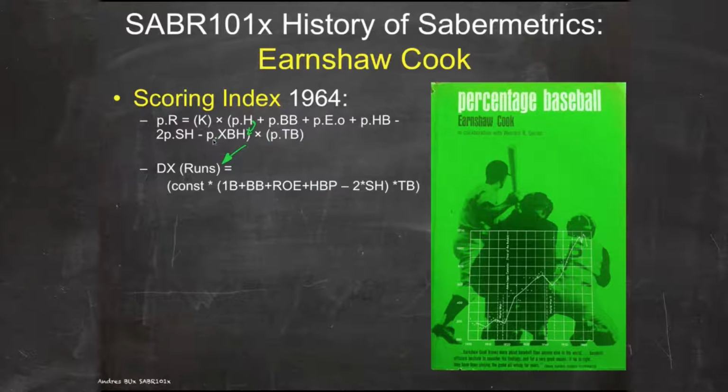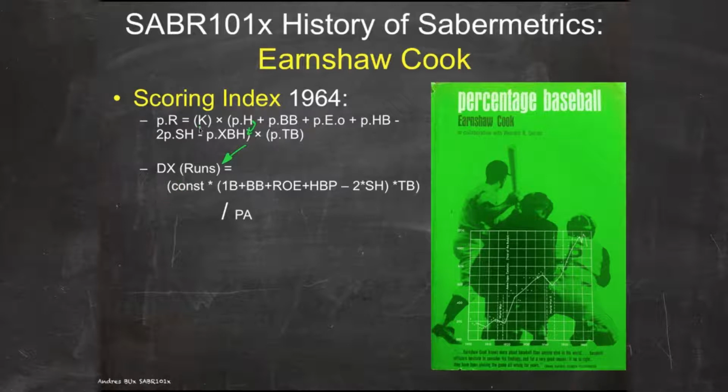So we reduce this term here by just making it singles. And we subtract twice the sacrifice hits. Now, sacrifice hits are not in favor by Cook at all, so he adds this in his formula. So this is the first term here, and he multiplies the whole thing by total bases. But the implication is that it's all divided by plate appearances.